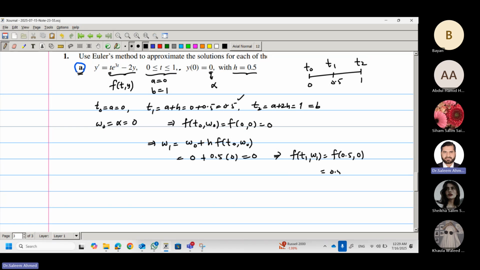So this is 0.5 e to the power 3t, which is e to the power 3 into 0.5, minus 2y, and y is 0 here. So you got 0.5 e to the power 1.5. So you can find the answer here. 0.5 into e to the power 1.5. So that is your 2.2408.